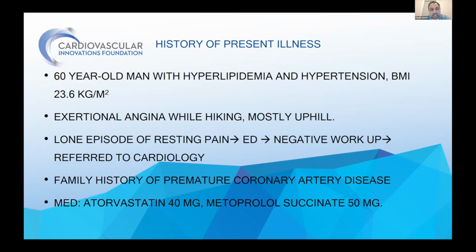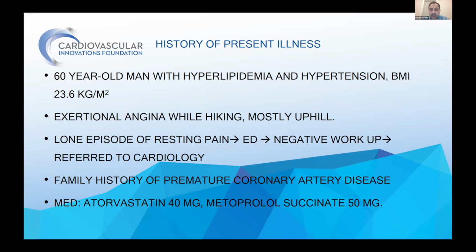I have this 6-year-old gentleman, hyperlipidemic, hypertensive, BMI of 23.6. He's a hiker. He's always out and about. Has some exertional angina while hiking, mostly uphill, for many months. But he continued to exercise through, rest, and keep going.